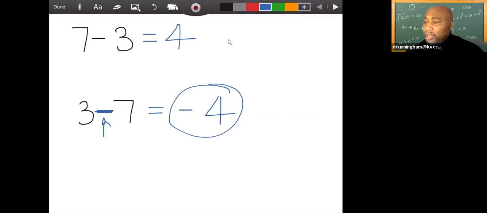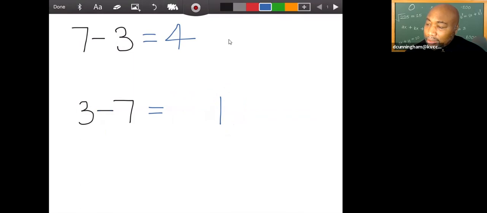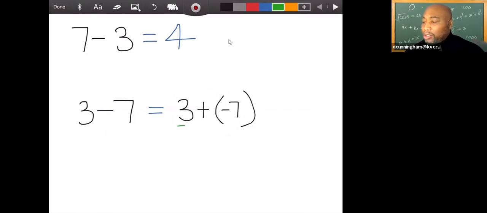Now I'm going to erase that and show you something else. That's a little shortcut. So we say another way, and let's actually do this bottom one. If you don't like that, you can say 3 plus a -7. Now going back to our procedure, because pretty much every subtraction problem can be written as an addition problem.